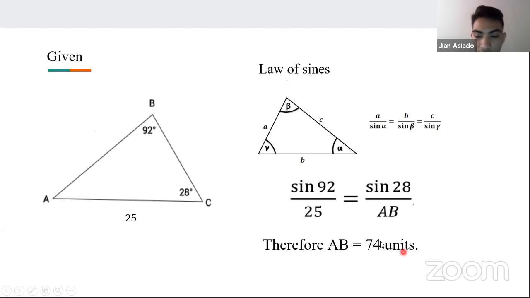Therefore, you can find AB. So AB is 74 units. Again, you need a calculator here, but the main point of the question is whether you know the law of sines. In UPCAT, you don't need any calculator, but if the law of sines comes out, at least you know how to deal with it.